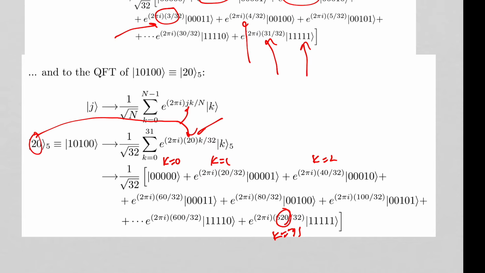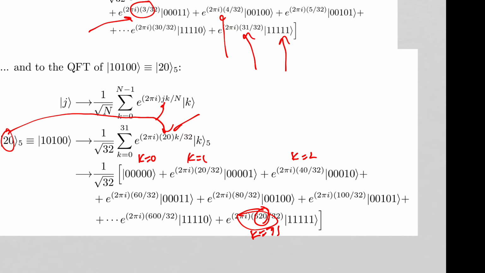Now, what's kind of interesting is that this is huge, right? What is that number? It's 620 times 2 divided by 32. That's 38.75. So we're going to break that down, and this is almost a little introduction to our next section.